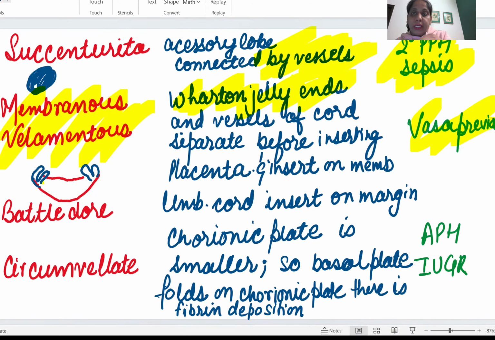Because the chorionic plate is less, there will be decreased transfusion in the placenta, decreased exchange of nutrients.